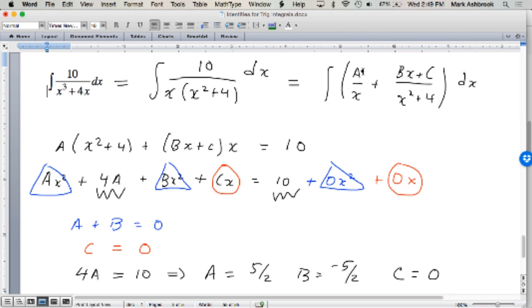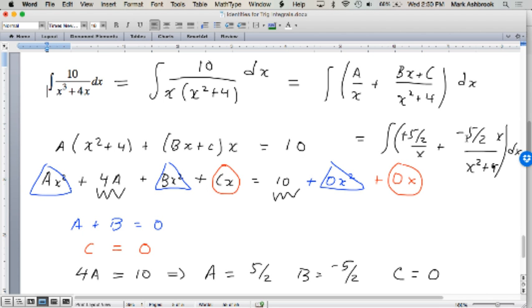So you put them in. You're going to have 5 halves over x plus negative 5 halves x over x squared plus 4. Let's just talk about that. Antiderivative, so positive 5 halves over x. Plus negative 5 halves x over x squared plus 4. First one's easy.